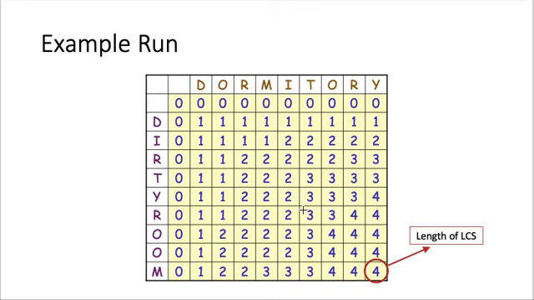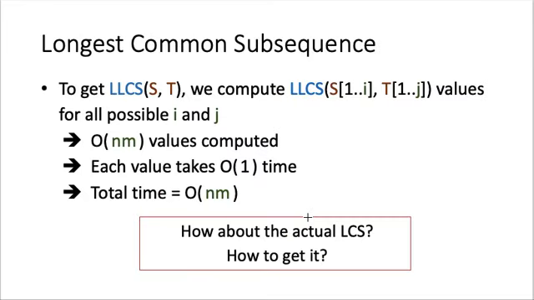So when we compute this entry, we just take a look at this entry or this entry or this entry, all of them in constant time, so that we can deduce what is the correct value to be filled in here. So each entry takes constant time, and there are altogether nm entries to be filled. So altogether the time is nm.